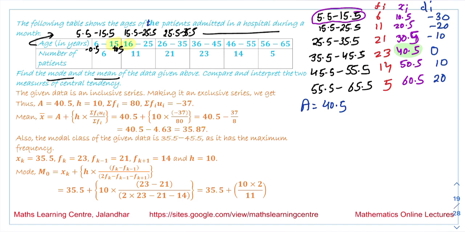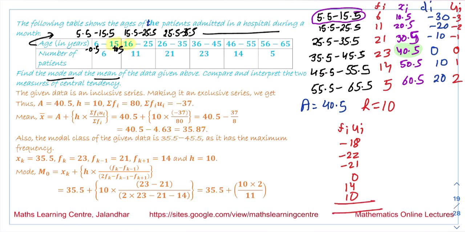Now the common value over here is 10. So we assume h is equal to 10. We are using the step deviation method, and we get Ui equal to minus 3, minus 2, minus 1, 0, 1, 2. Next step we have to calculate Fi into Ui. So it is minus 18, then minus 22, then minus 21, then 0, then 14 and then 10.